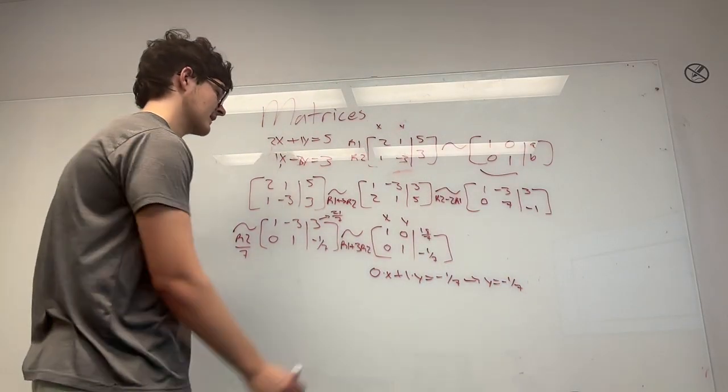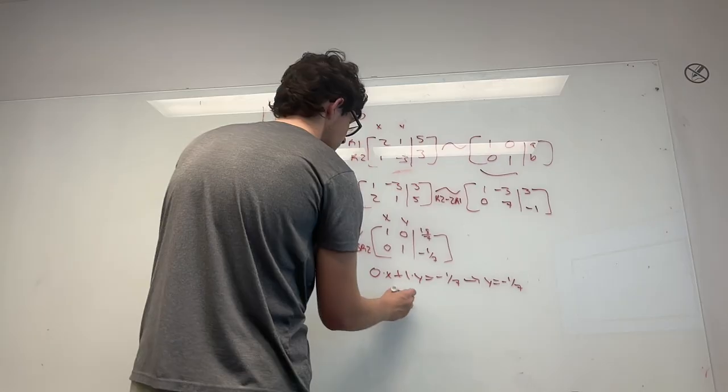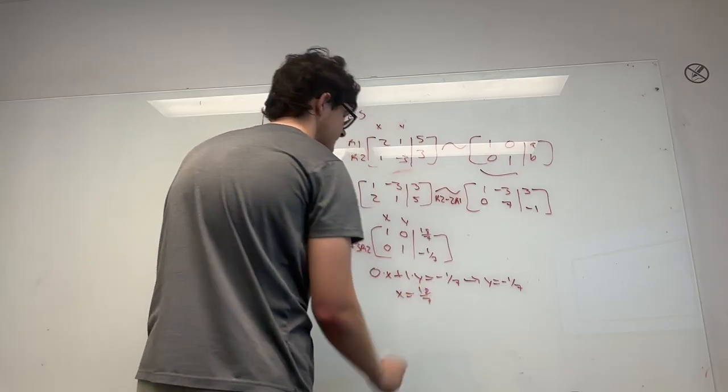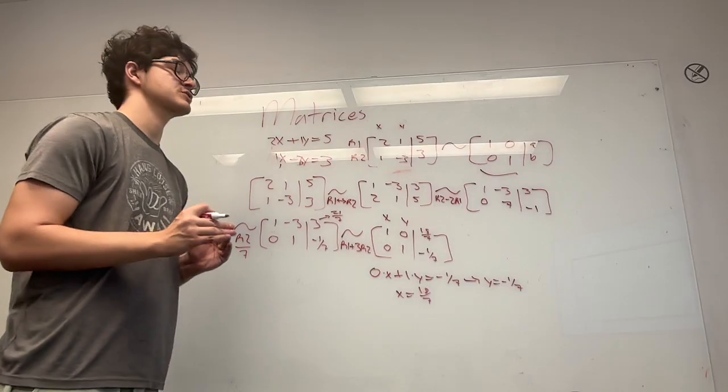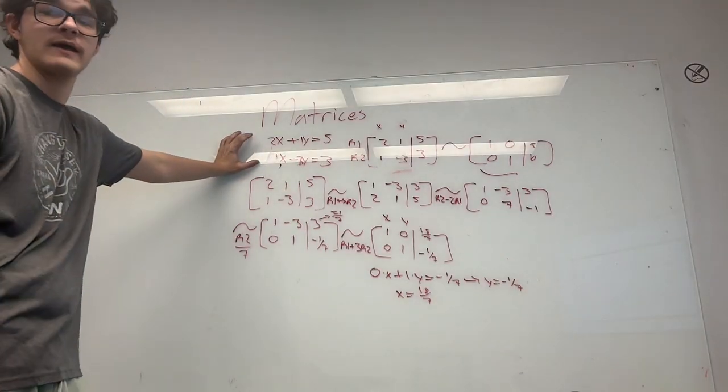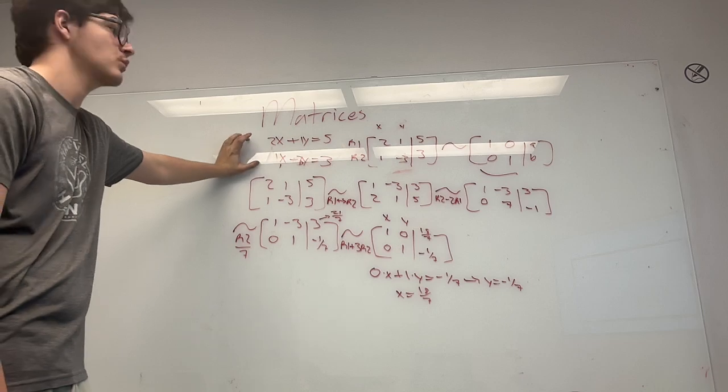And this is just saying x equals 18/7. So that is our solution. That is the intersection between these two lines right here. That's what we did.